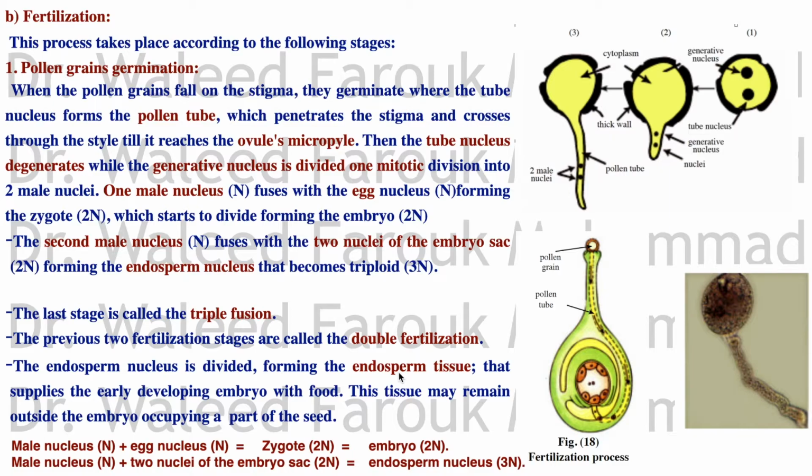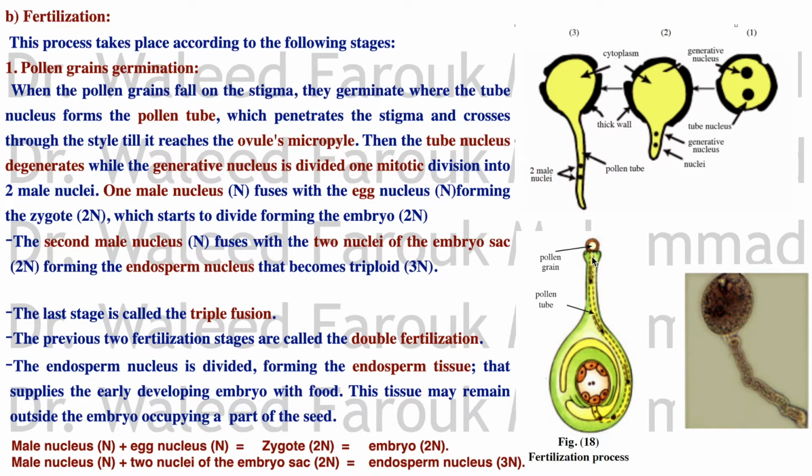The endosperm nucleus then divides, forming the endosperm tissue. This supplies the early developing embryo with food, and this tissue may remain outside the embryo, occupying a part of the seed. Okay, I hope you understood the process of fertilization.